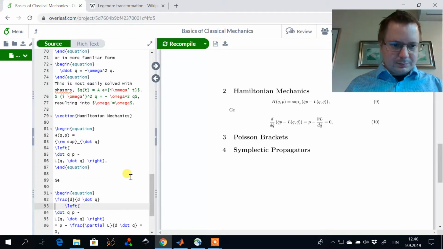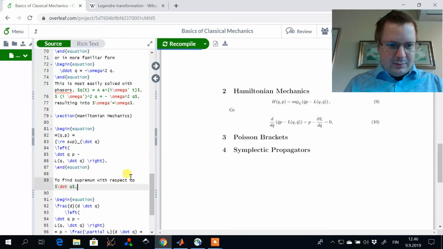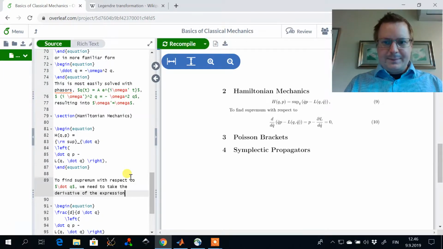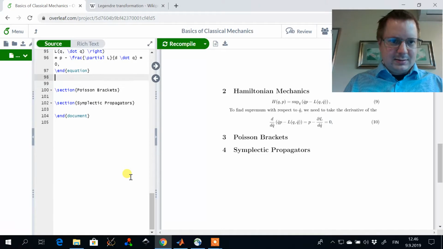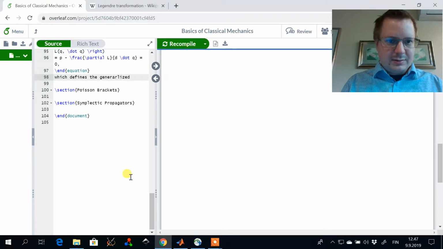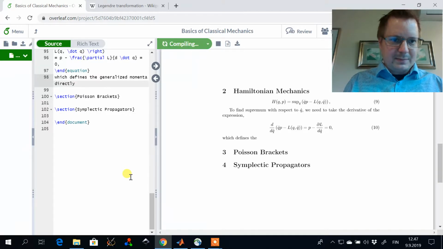So let's write that up. To find the supremum with respect to dot q, we need to take the derivative of the expression, and this defines the generalized momentum directly.